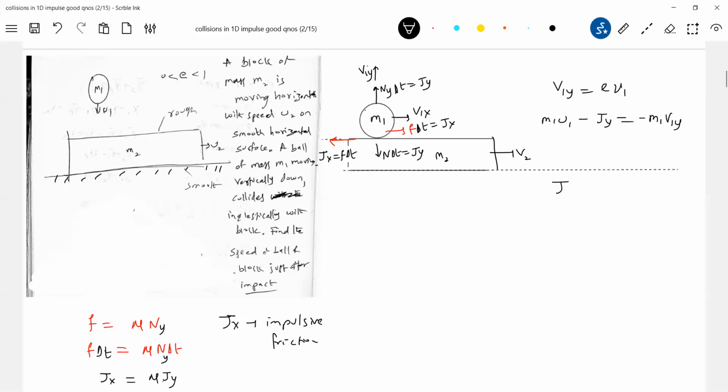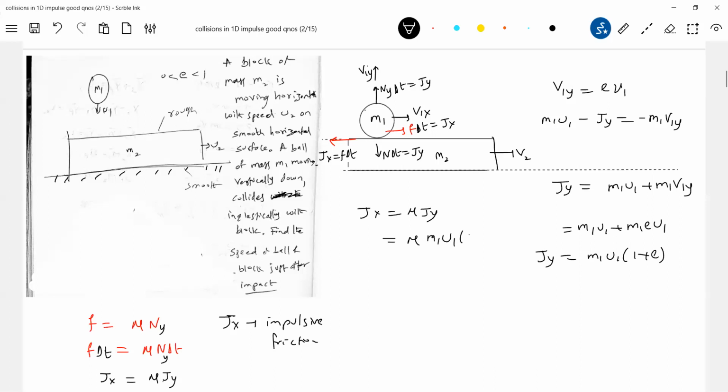So I get Jy equal to m1 u1 plus m1 v1y. Substituting v1y equal to e u1, Jy is m1 u1 (1 plus e). Then what is Jx? As we know, Jx equals mu Jy, that is mu m1 u1 (1 plus e).